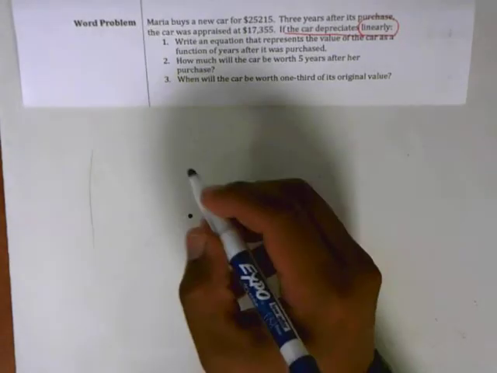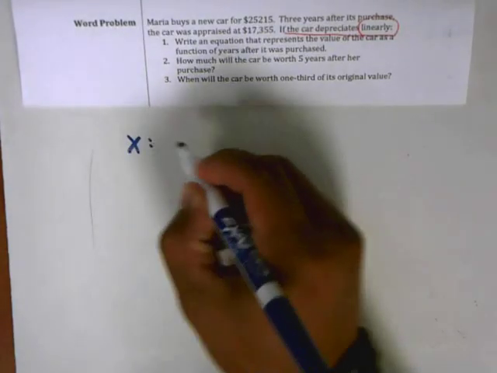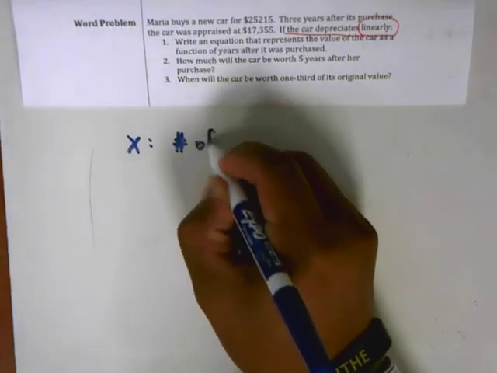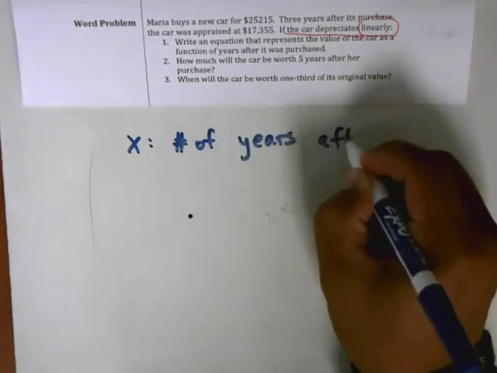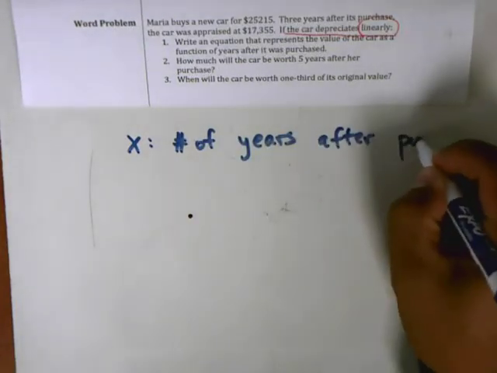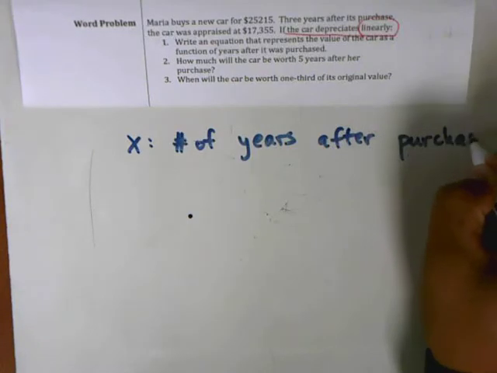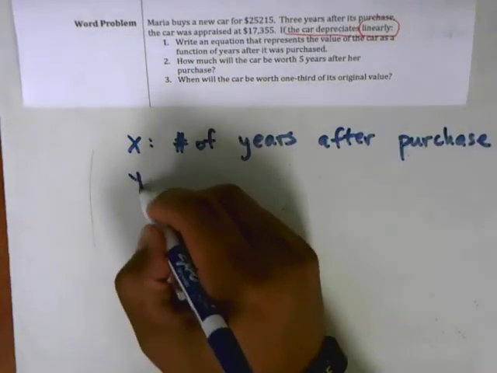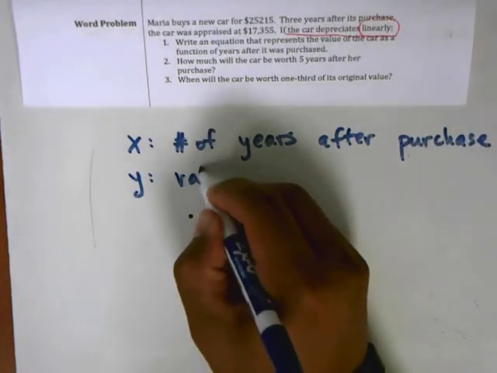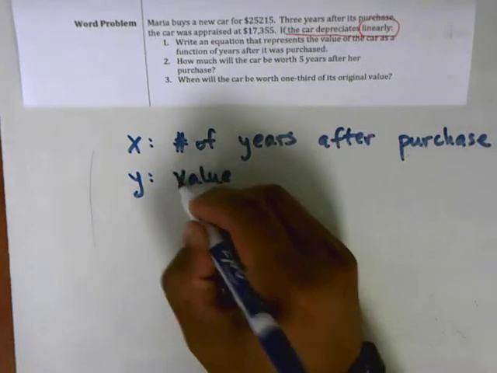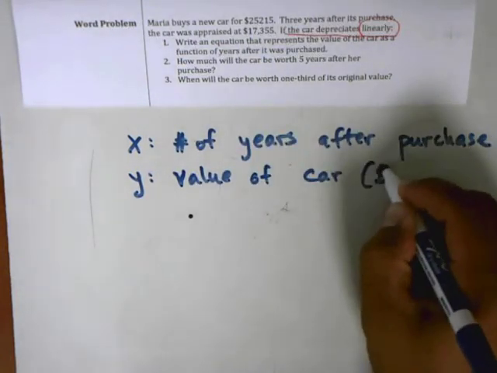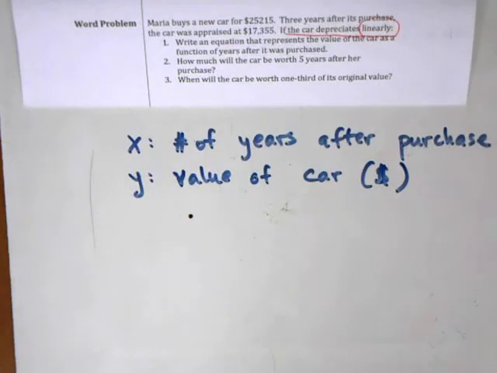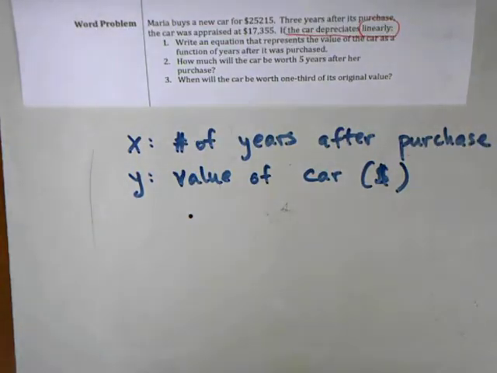So we can define some variables. We'll say x is number of years after purchase. We can say that y is the value of the car, and that's going to be in dollars. Now what we need to do is write an equation that relates x to y.